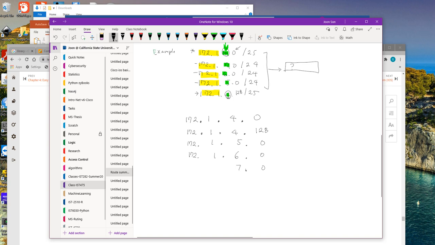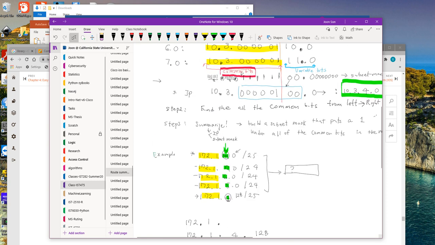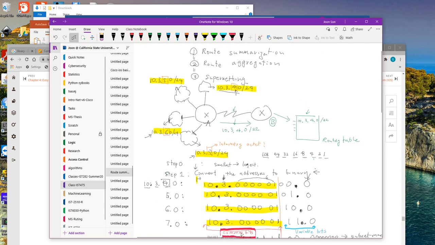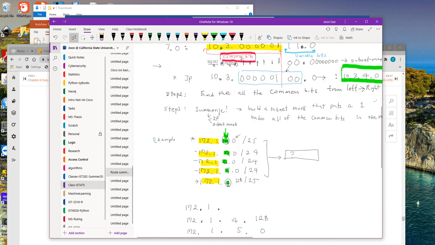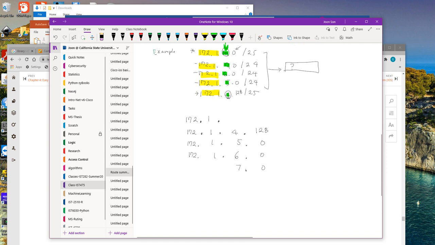So the 4.0, I'm going to convert this to binary. The 4 is what? Let's draw this.